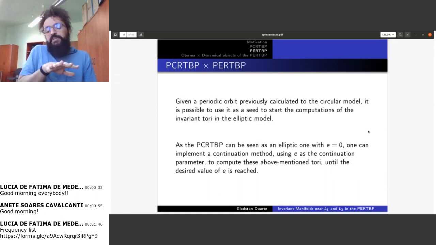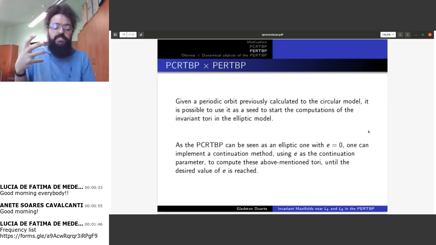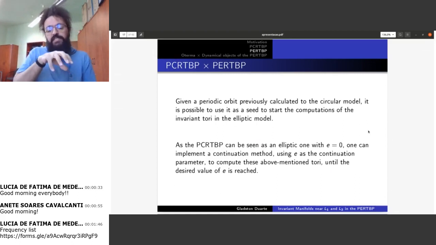As this model can be seen as a perturbation, everything that we computed in the circular problem might be continued. We might implement a numerical continuation, for instance, to compute the objects in the elliptic problem, seeing the circular as the elliptic with eccentricity 0.